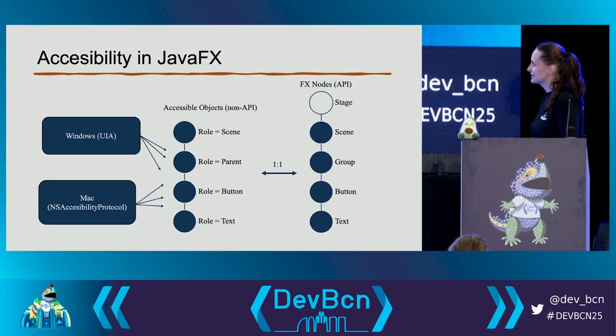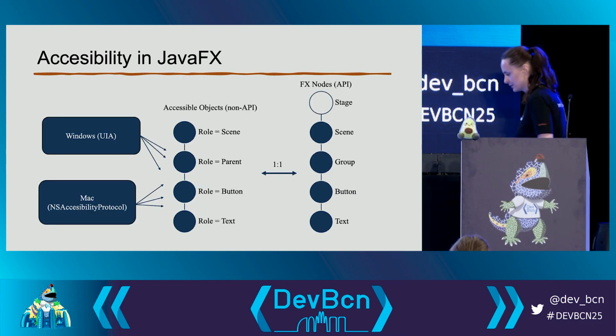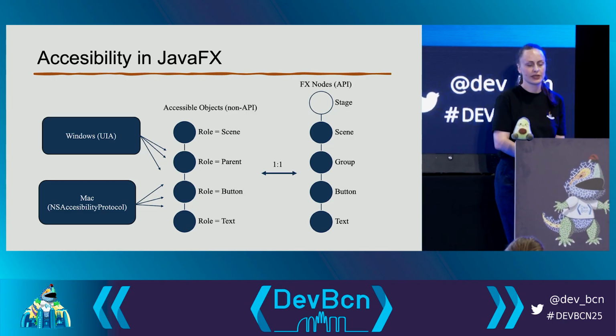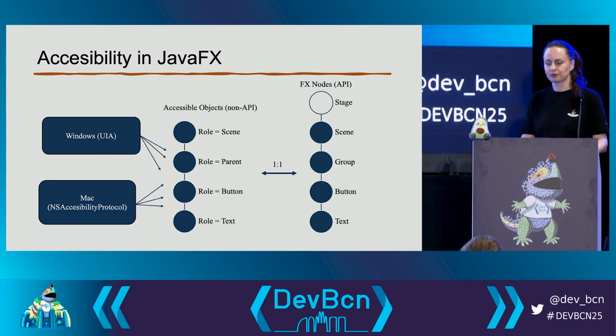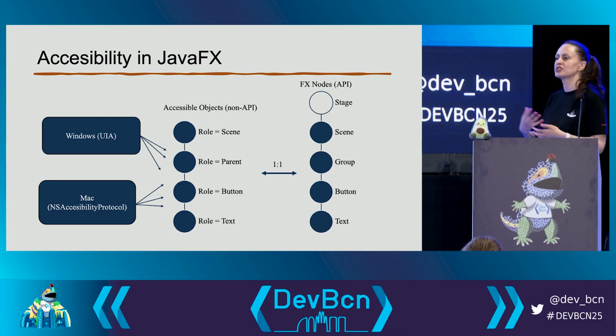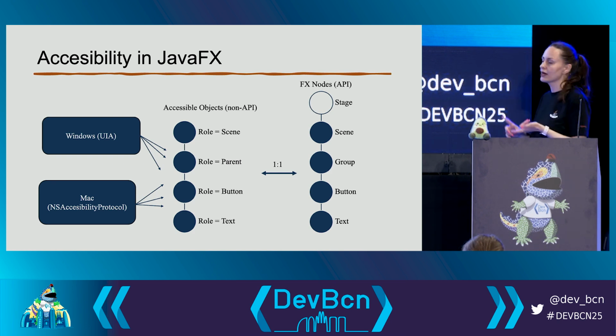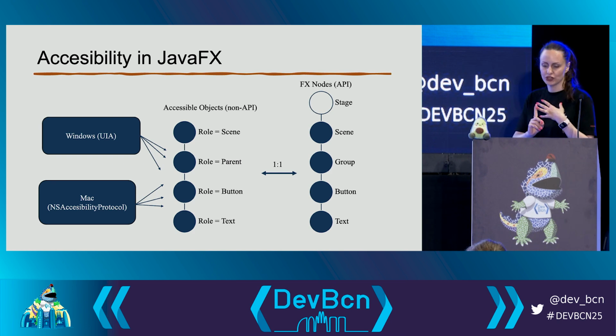Now, in JavaFX, accessibility was mapped as follows. So I need to tell you a little story. The underlying operating systems that we have on our computers have many of the same concepts around accessibility. For example, all platforms have concepts like roles, attributes, actions, and notifications.